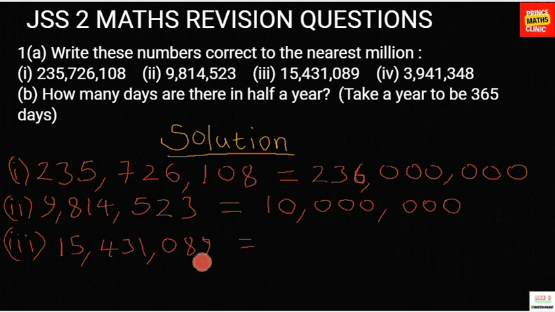So this is units, tens, hundreds, thousands, tens of thousands, hundred thousands, then million. The number after my million is not up to 5, it is 4. So you round it down to 0. So therefore my number here becomes 15 million.